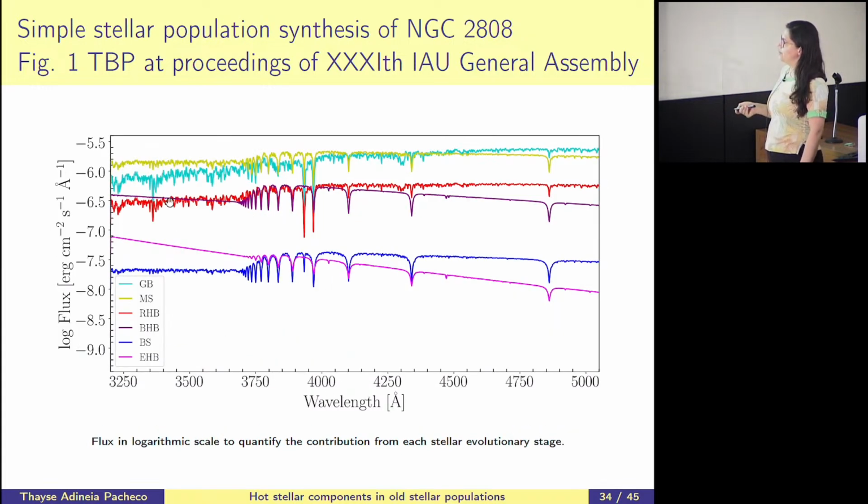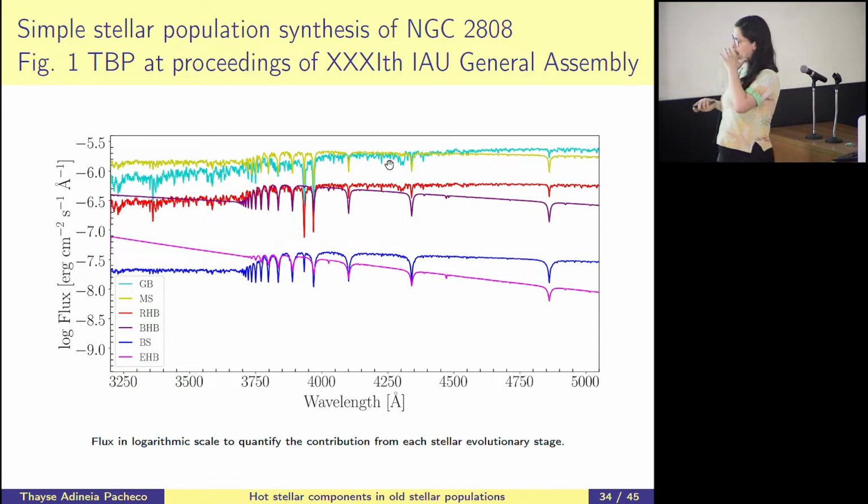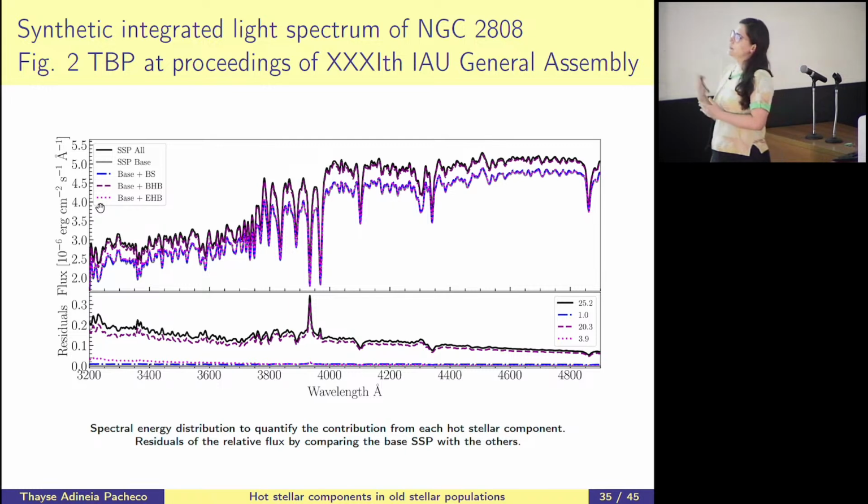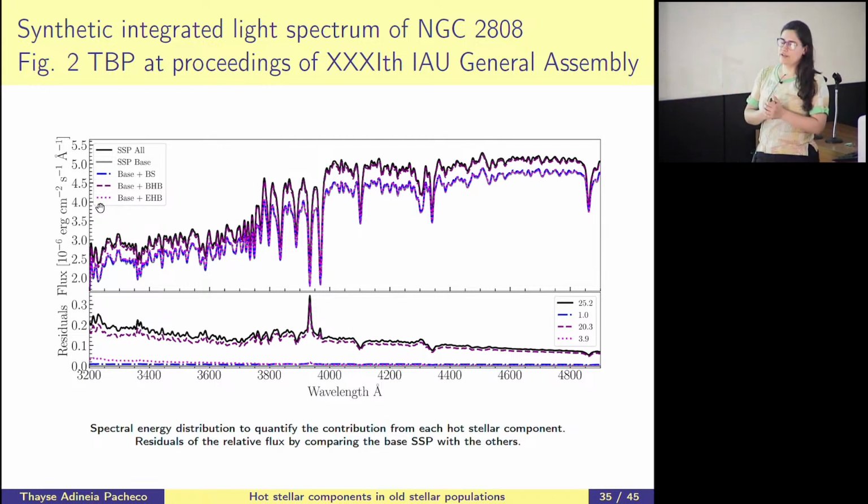As we have this simple stellar population synthesis for each evolutionary phase, we can quantify how much each one is contributing to the integrated light spectrum. So here I have a synthetic integrated light spectrum, which is composed by main sequence, giant, and red clump stars.